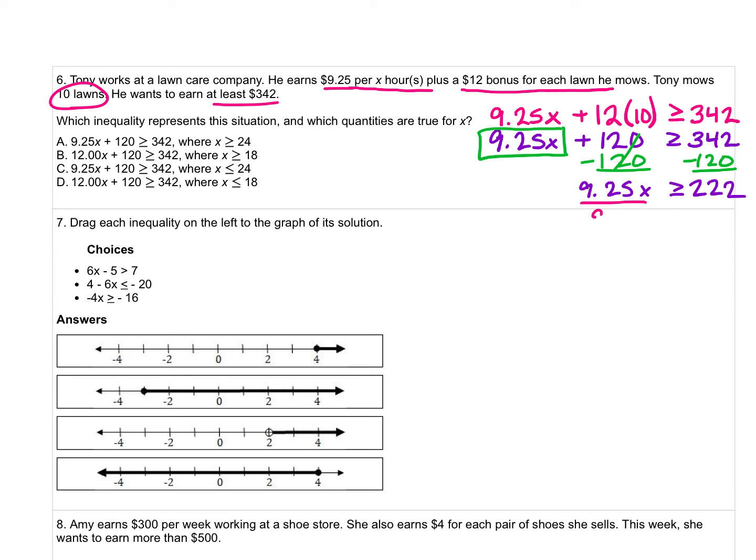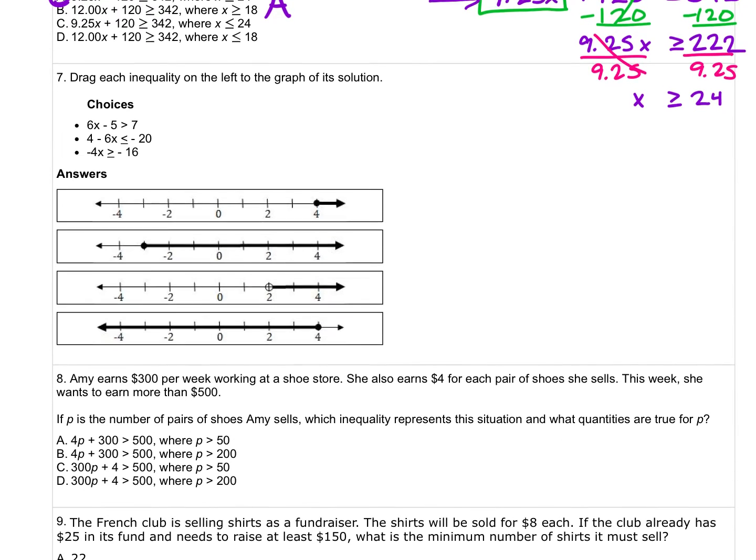And then we'll divide both sides by $9.25 to get that x is greater than or equal to 24. So we've got this inequality, 9.25x plus 120 is greater than or equal to 342, where x is greater than or equal to 24. Answer choice A.